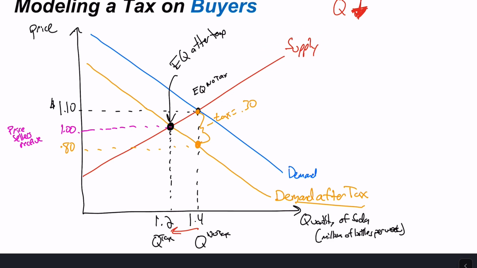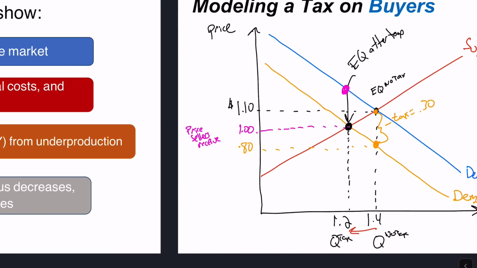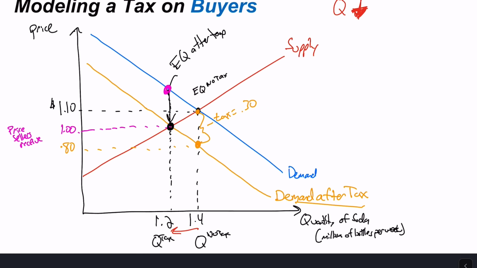Okay, the price the buyers pay. What I mean by this is the total out-of-pocket cost to buyers of buying a soda. So we can take that quantity of 1.2 million up to the original demand curve, the blue demand curve there. So demand before tax. That will tell us the price buyers pay.